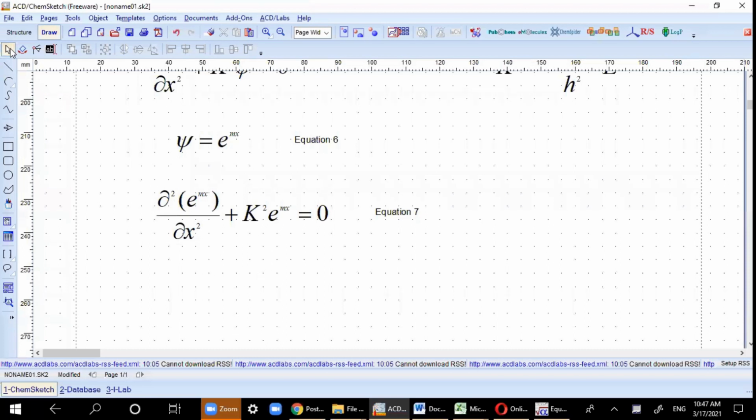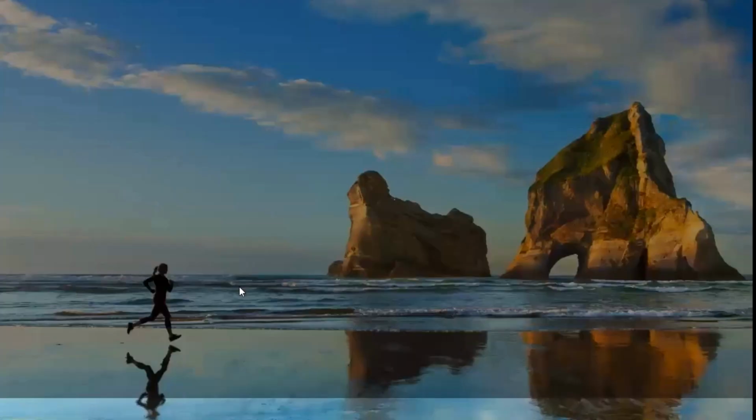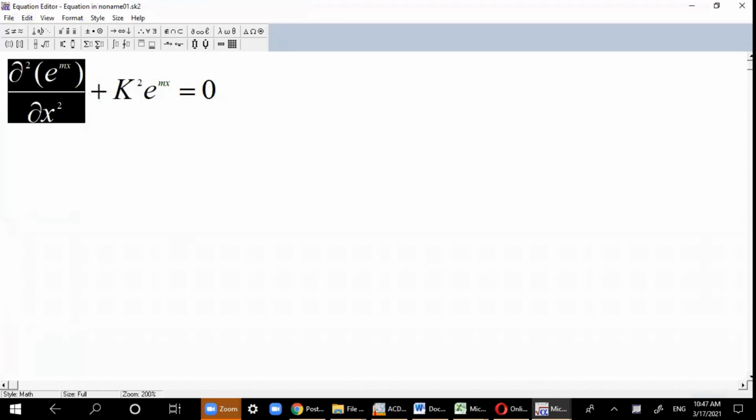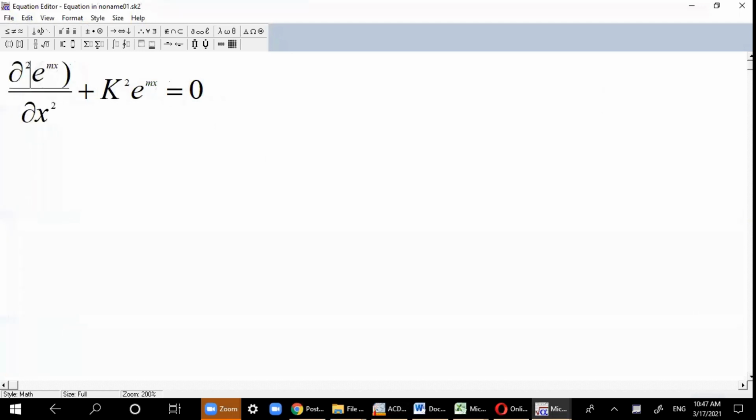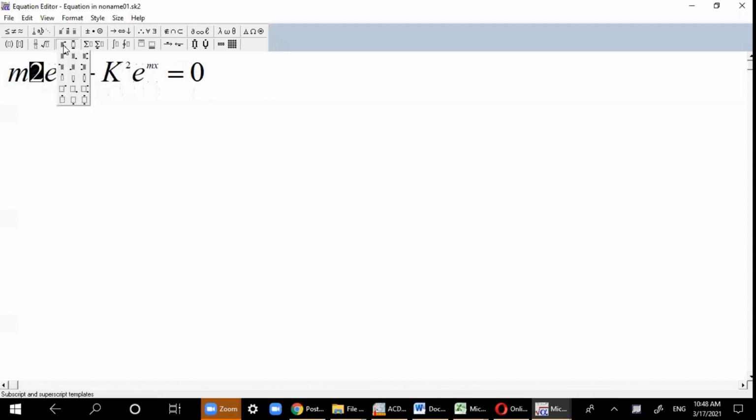Now, if you know the maths, it will be easy. If anybody has a background of mathematics, this is easy, whether biology or life sciences. Differentiating two times, you get m into m, that is m square. We get directly m square into e power mx.